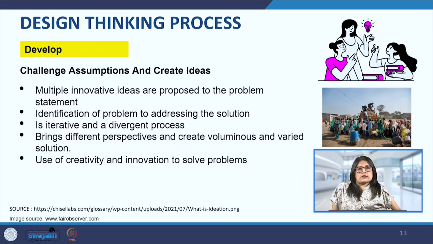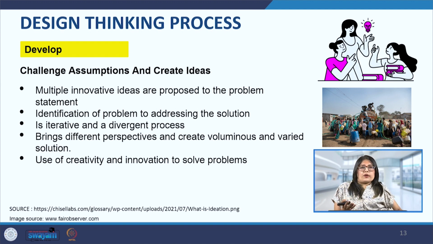So now let's see the next step in the design thinking process, which is the develop phase. Now we have a well defined problem statement, right? In the develop phase, we may be inclined to come up with solutions.